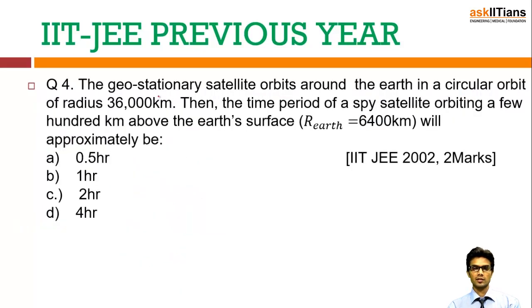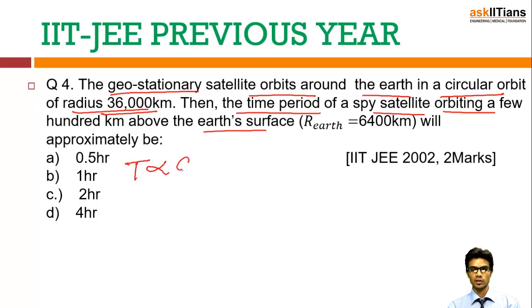The geostationary satellite orbits around the Earth in a circular orbit of this radius. Then the time period of a spy satellite orbiting a few hundred kilometers above the Earth's surface will be. Same as the previous question, T is directly proportional to a to the power 3 by 2.